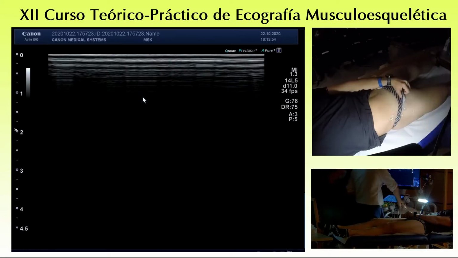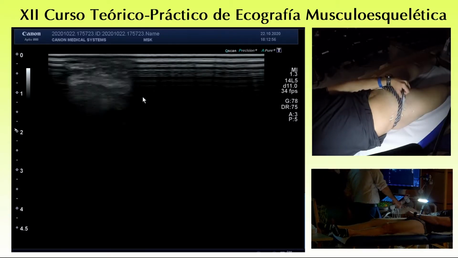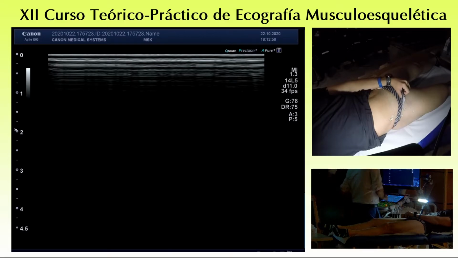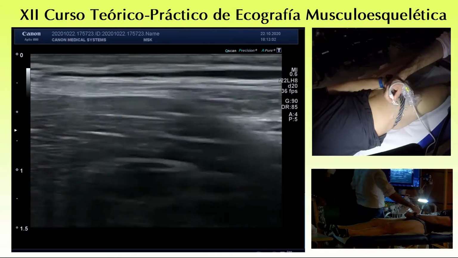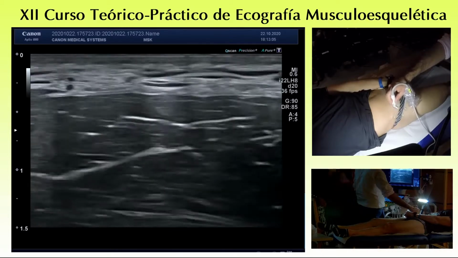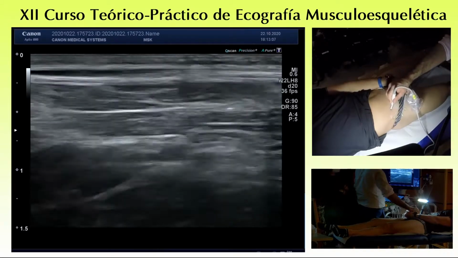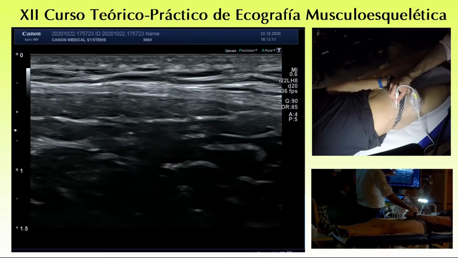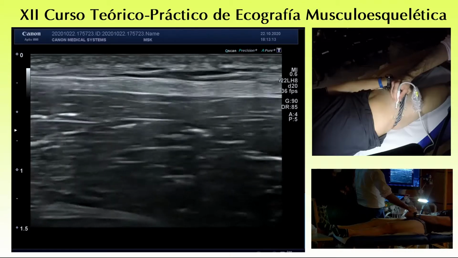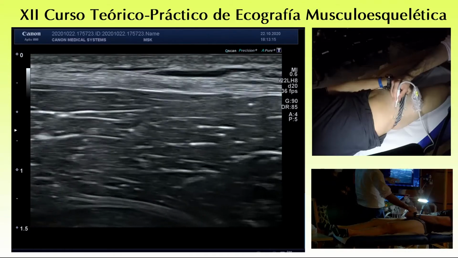We can try just with a superficial probe. If I level the inguinal canal, we are able to see something more. So we can check this structure. This structure you see here is the inguinal ligament. With this probe you see it very well.